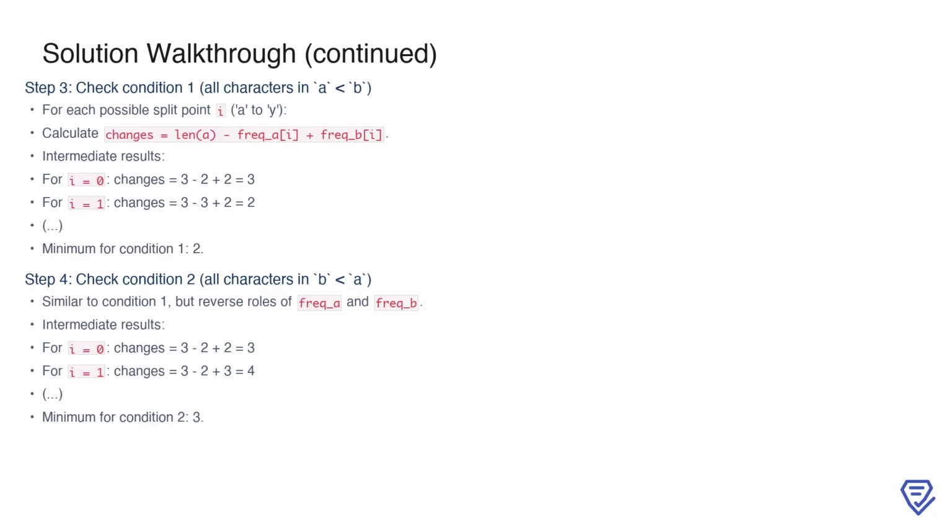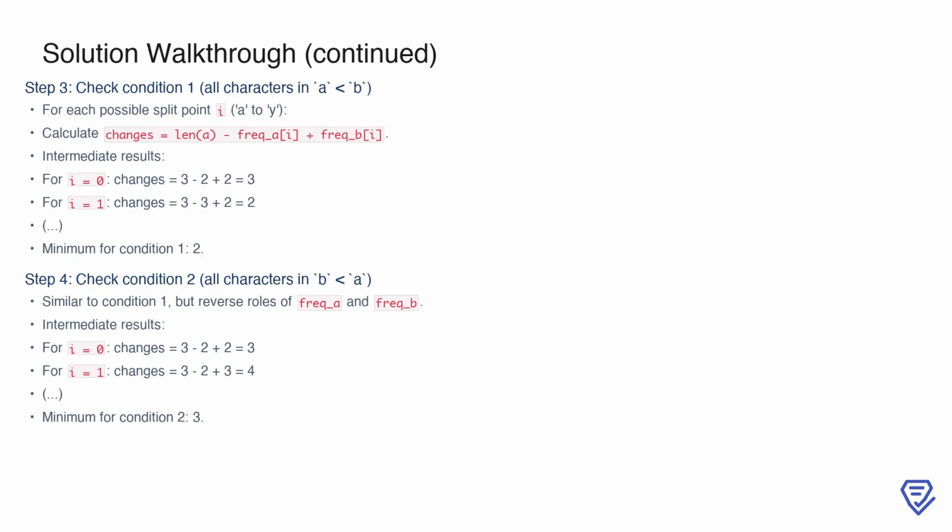For example, for i equals 0, corresponding to a, the changes are 3 - 2 + 2 equals 3. For i equals 1, corresponding to b, the changes are 3 - 3 + 2 equals 2. Repeating this for all possible split points, the minimum number of changes for condition 1 is found to be 2.